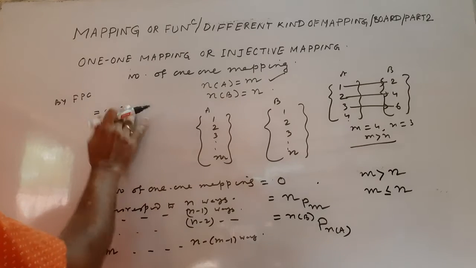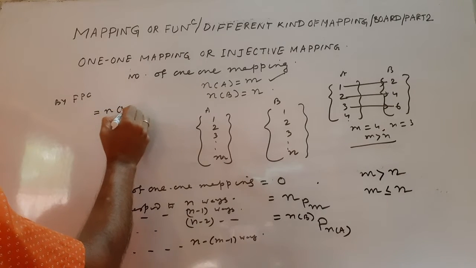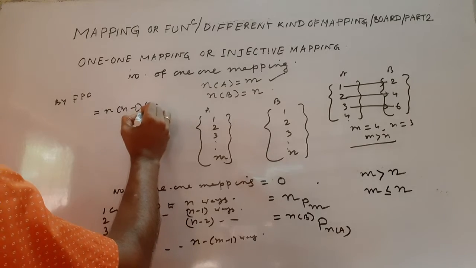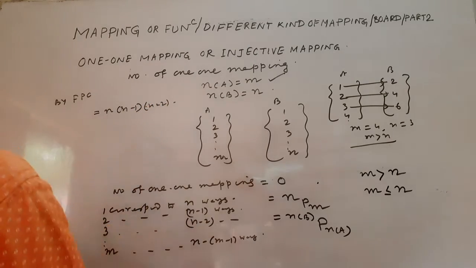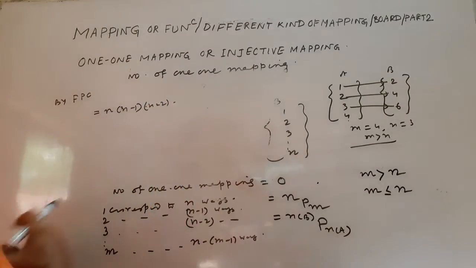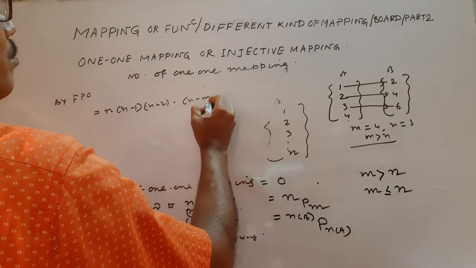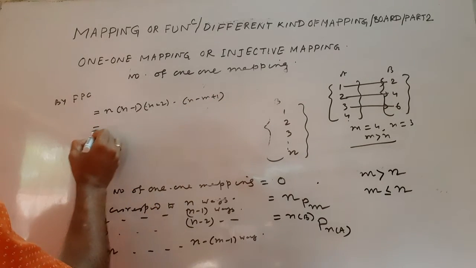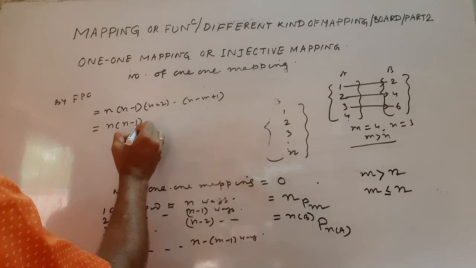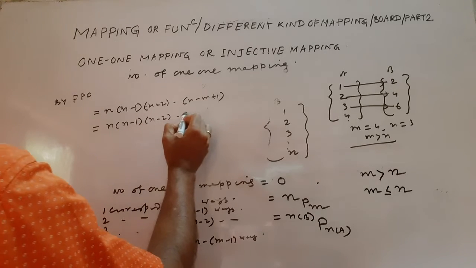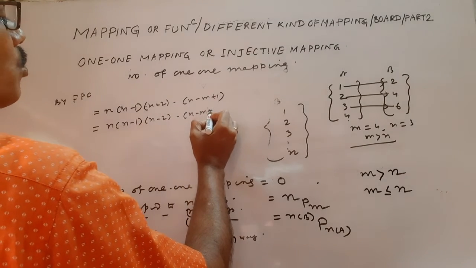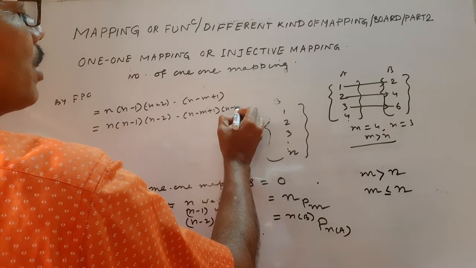So n, then n minus 1, n minus 2, dot dot. You are getting n minus m plus 1. And you have already this is the result of permutation. This is n minus m.